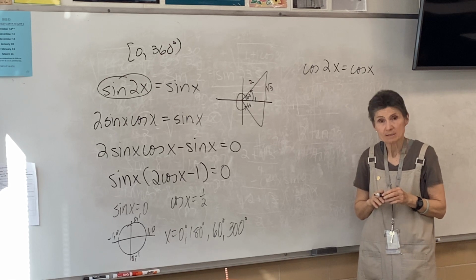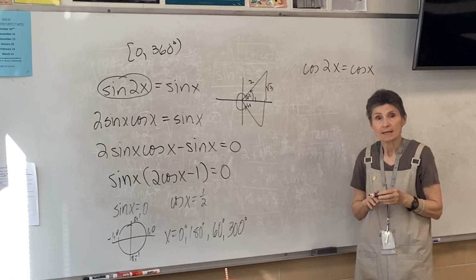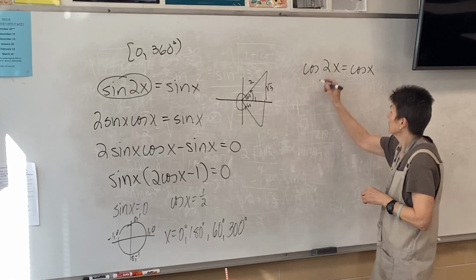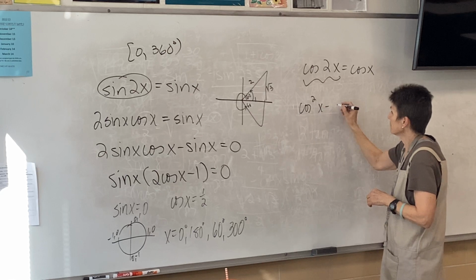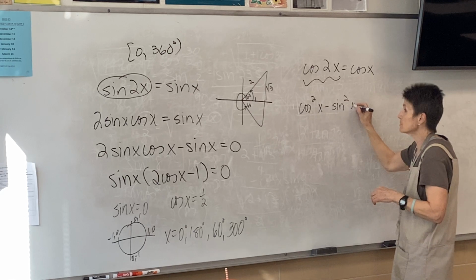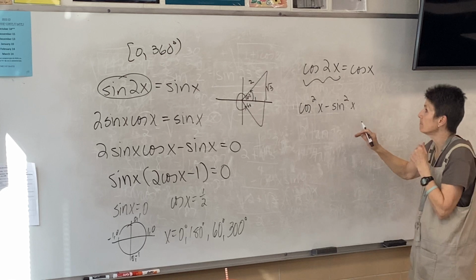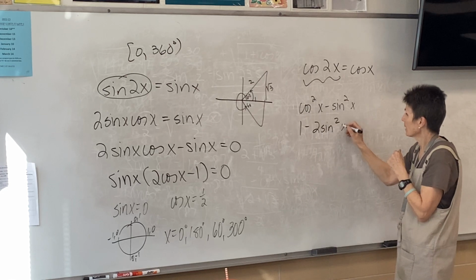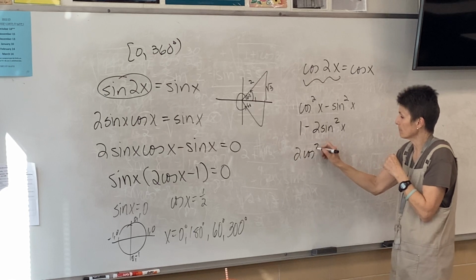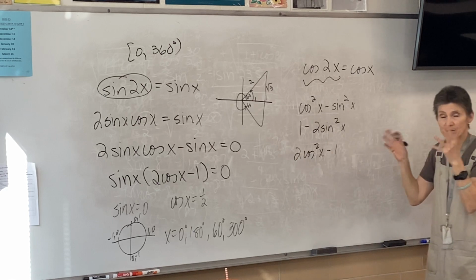Cosine 2x can either be cosine squared minus sine squared. We used that one actually a minute ago in a problem. Or it can be 1 minus 2 sine squared. Or it can be 2 cosine squared minus 1. Okay, all these are on your sheet.